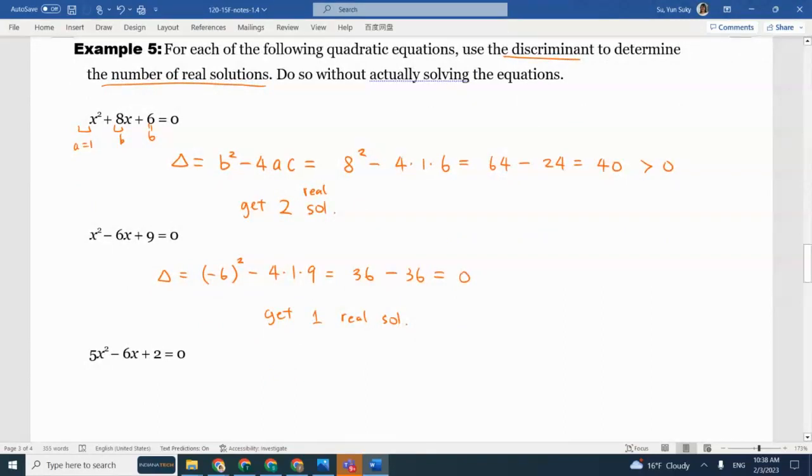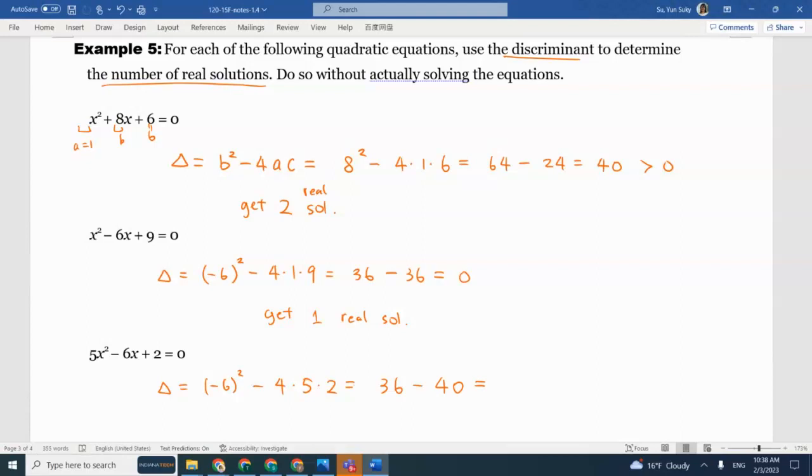Right, everybody? Okay. Next. What is B? You mean negative 6, but when we square it becomes positive? Yeah. Minus 4a is C. What is negative 6 squared? What is 4 times 5 times 2?